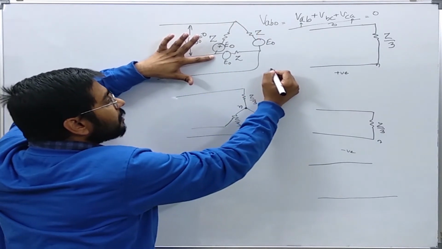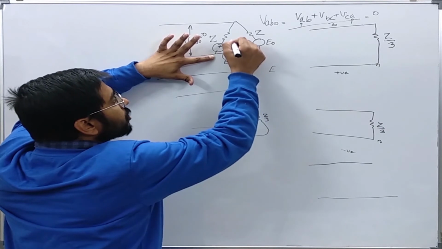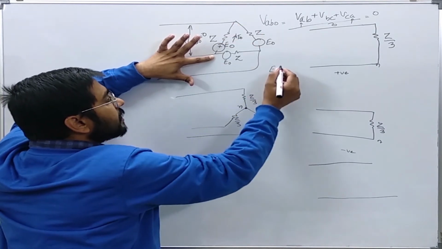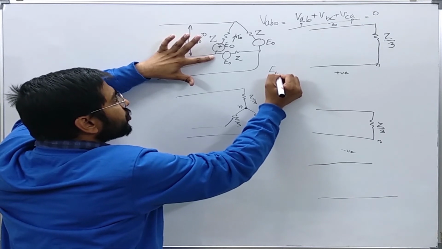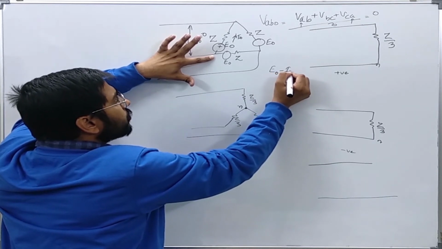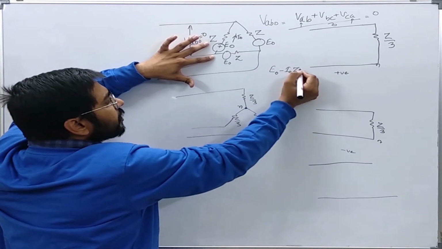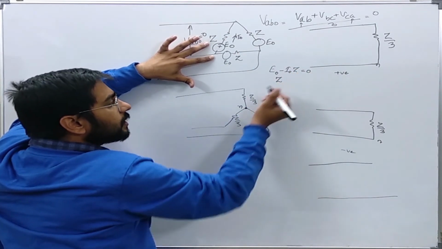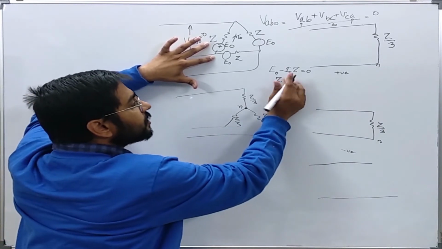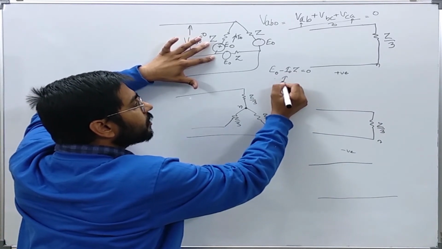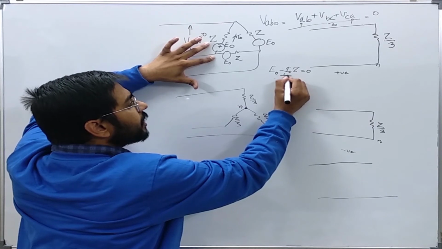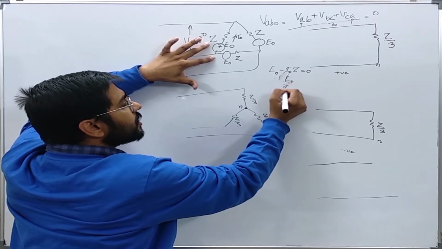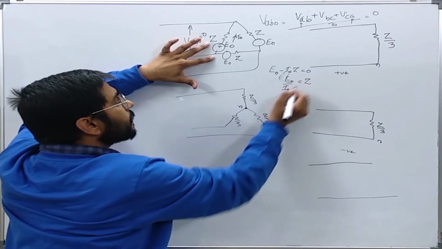So from KCL, I can clearly see that there should be some current I0 in this branch such that E0 minus I0 Z will be equal to 0. So the zero sequence impedance seen by the current will be E0 over I0 equal to Z.